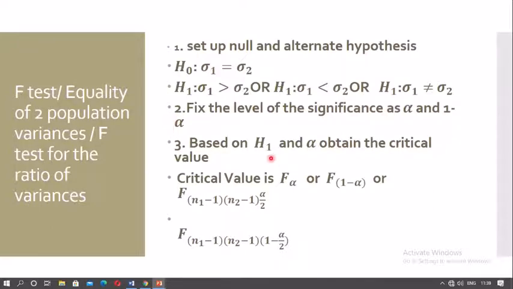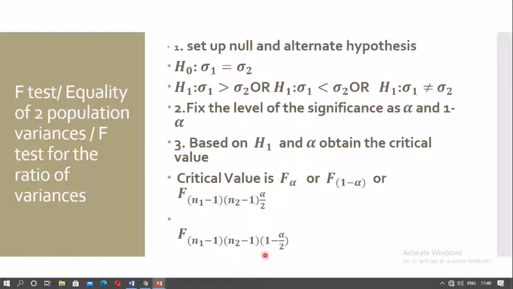Now, based on the alternative hypothesis and the significance levels alpha and 1 minus alpha, I forgot to write the 1 minus alpha over here, you have to obtain a critical value. So the critical value is as follows: f alpha or f 1 minus alpha, or it could be f(n1 minus 1, n2 minus 1) alpha by 2, f(n1 minus 1, n2 minus 1) 1 minus alpha by 2.